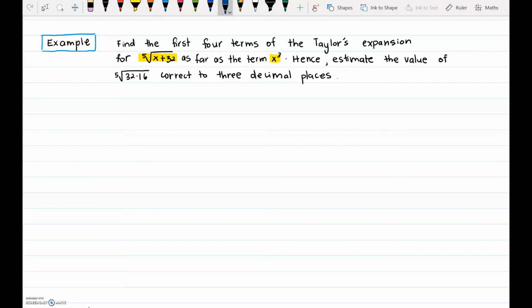Okay, so since we want to find in the form of x, meaning the formula that we will use is f(x plus a) equals to f(a) plus f prime a x plus 1 over 2 factorial f double prime a x square plus 1 over 3 factorial f triple prime a x cube plus dot dot dot.